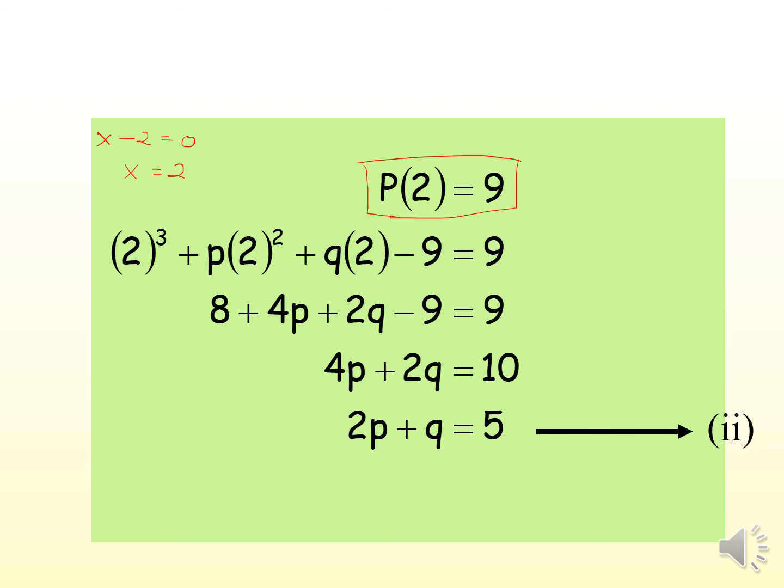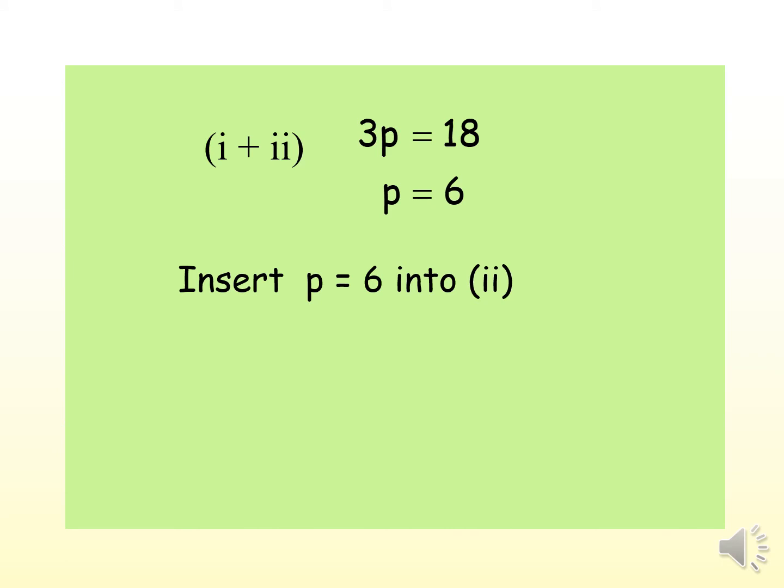Now substitute 2 into variable x and simplify so you can get the second equation. Solve the simultaneous equations so you can get p equals 6 and q equals negative 7.